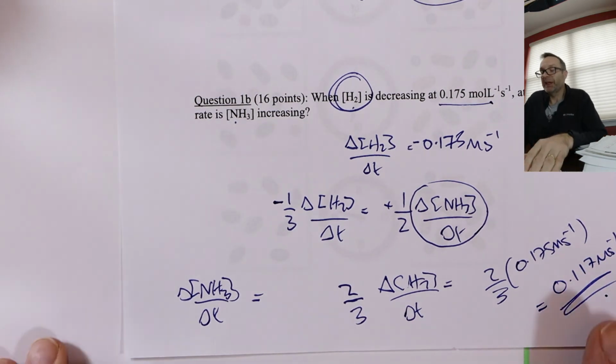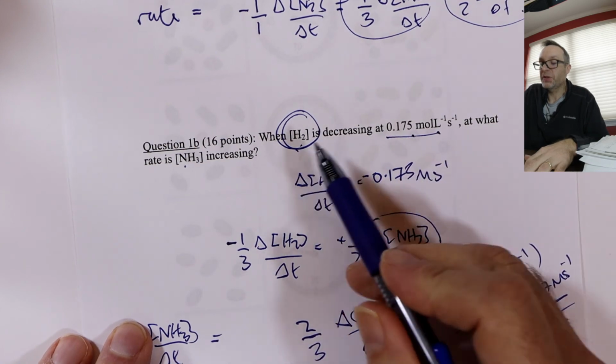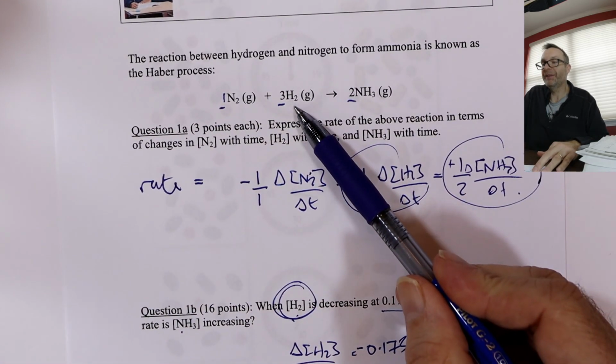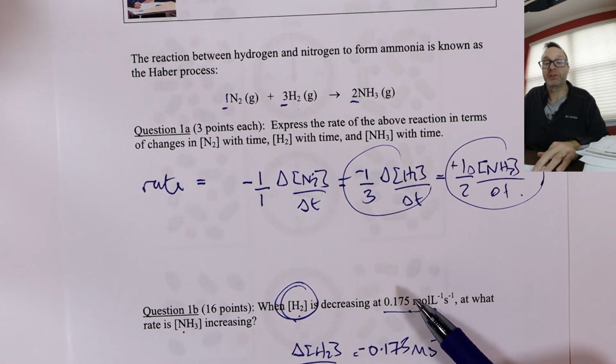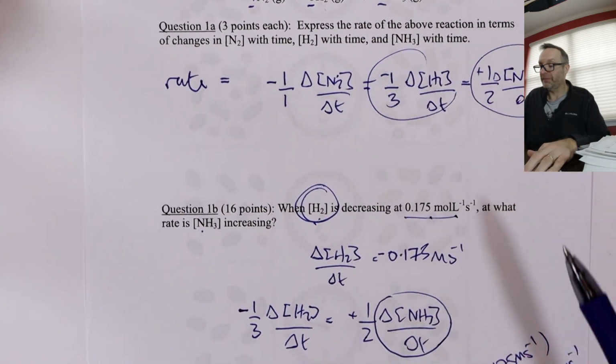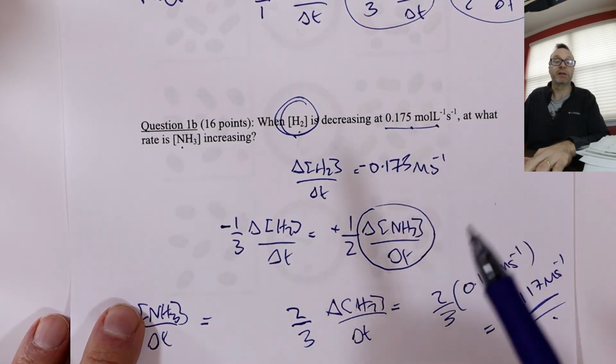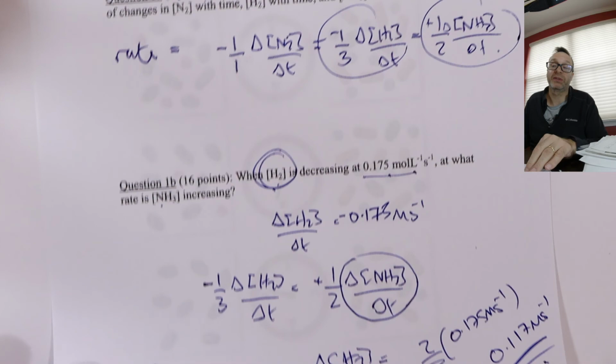Okay, makes sense, right? If the H2, which there are 3 of, is disappearing at 0.175 moles per liter per second, it's a 3 to 2 ratio, so it's going to be 2/3 that, 0.117 moles per liter per second appearance. And there's the math to prove it. So make sure you show the math when you do these questions.